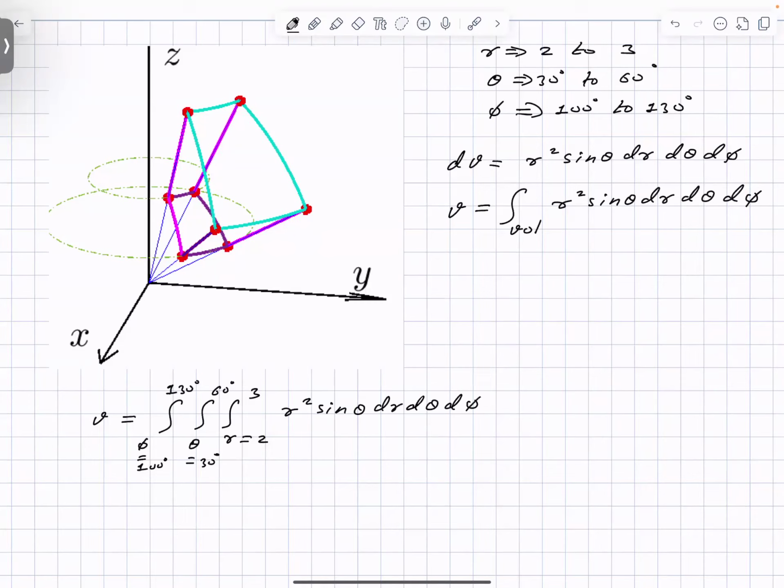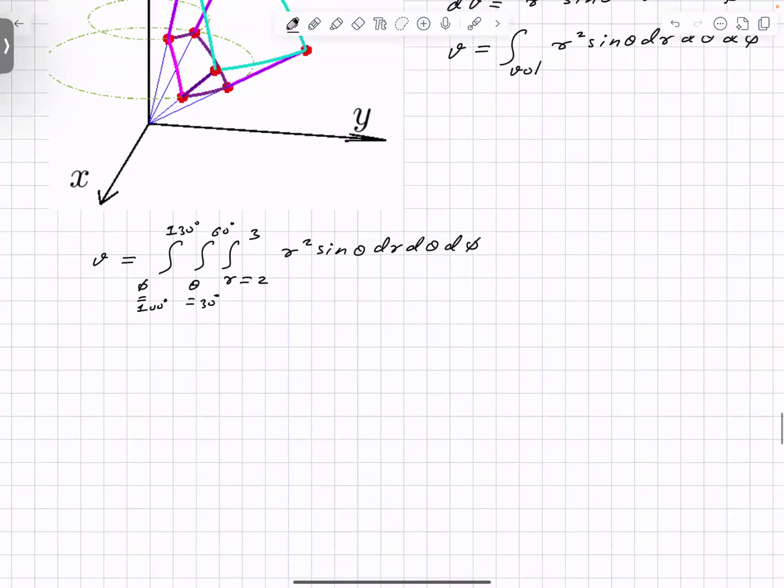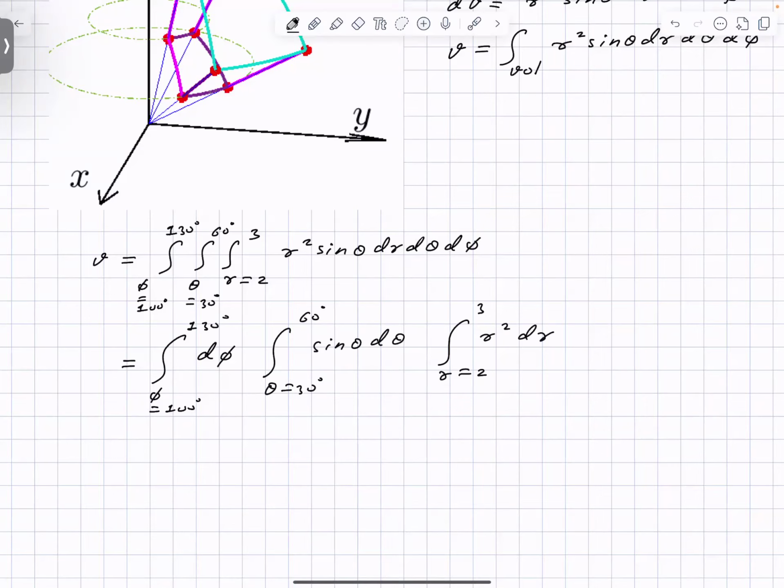So it's a pretty straightforward integral, right? We could even separate it into the product of three integrals. We could write it as phi from 100 degrees to 130 degrees d phi, and then theta from 30 degrees to 60 degrees sine theta d theta, and r from 2 to 3 r squared dr.